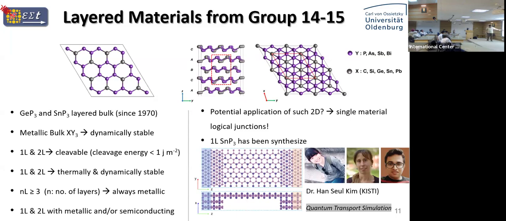So what you see from now onward is SnP3. The larger sphere in the purple color is tin atom, and the other one is phosphorus atom. So essentially what we did here is that we used this nature of having metallic three layers.